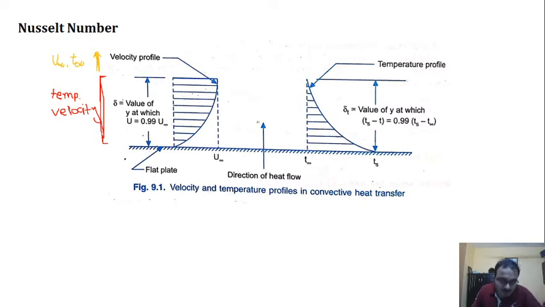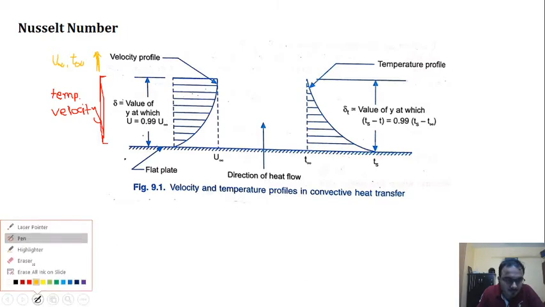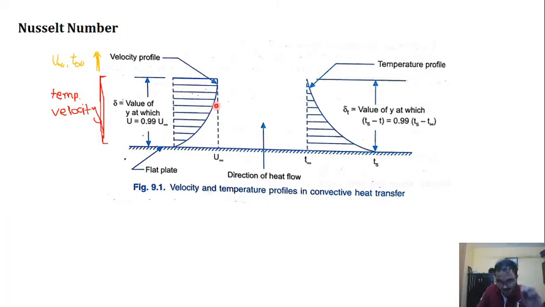Here the fluid particles in this region will try to stick to the plate. Because of that, there will be a variation in temperature as well as velocity. As we move away from the plate, this is the velocity profile. Velocity is increasing as we move away from the plate, and very near to the plate, velocity is almost zero.